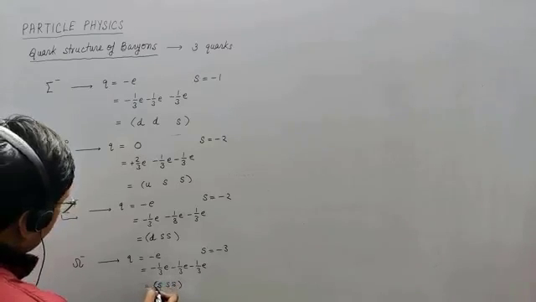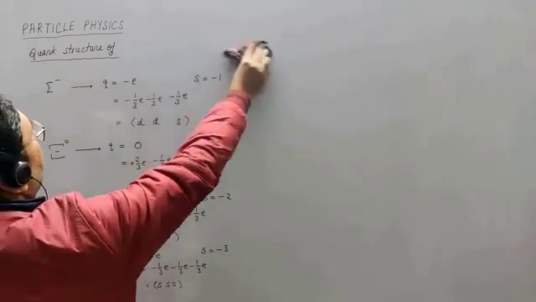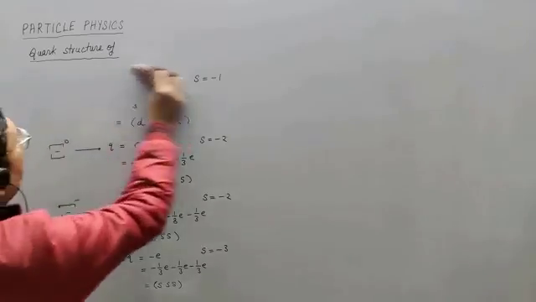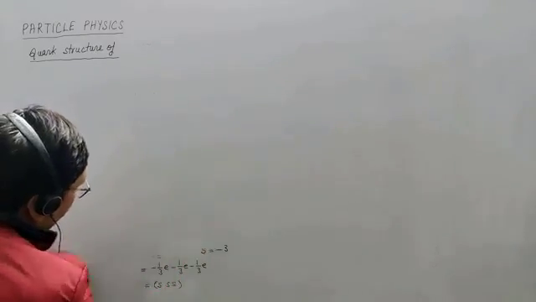This will be the internal structure of this omega minus. So basically we have discussed the quark structure. We have found out the quark structure of all the baryons. Now come to the quark structure of mesons. How can you find out the quark structure of mesons?